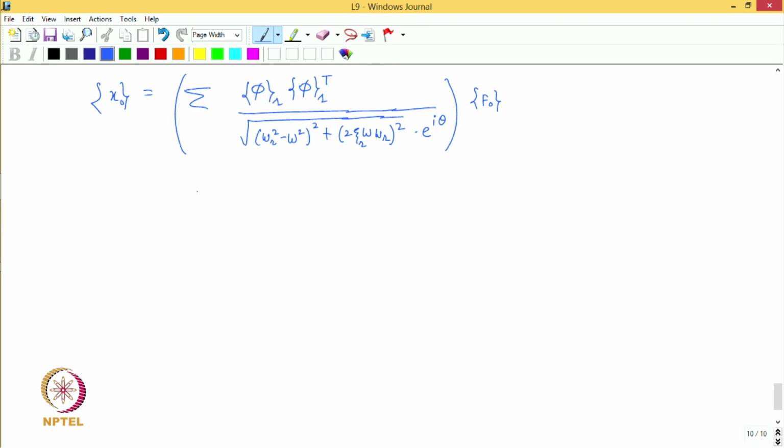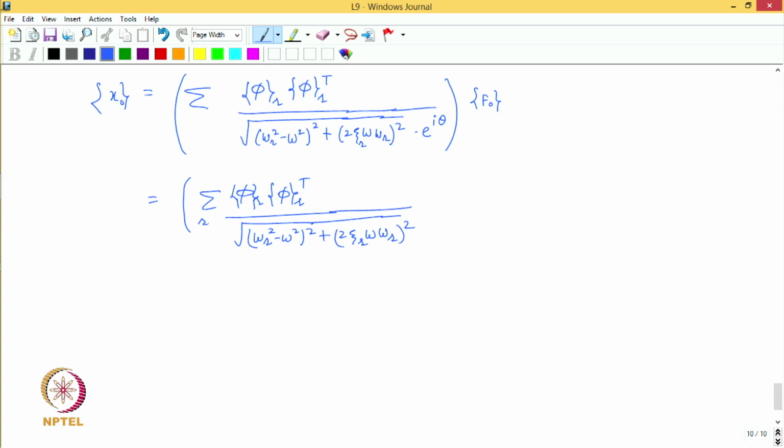Therefore, this can be written as phi_r transpose over that magnitude, and now this quantity is in the numerator, so e to the power minus i theta.